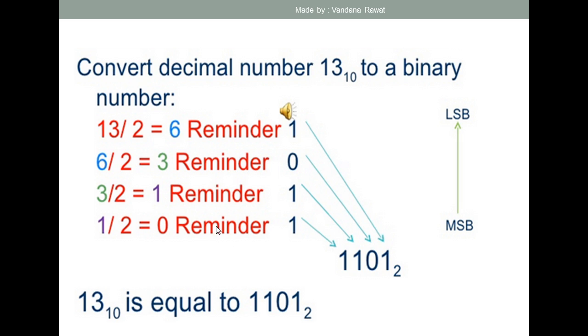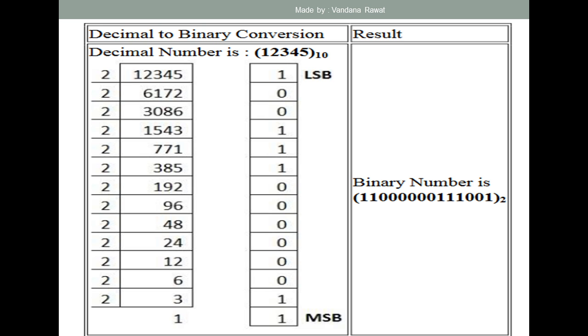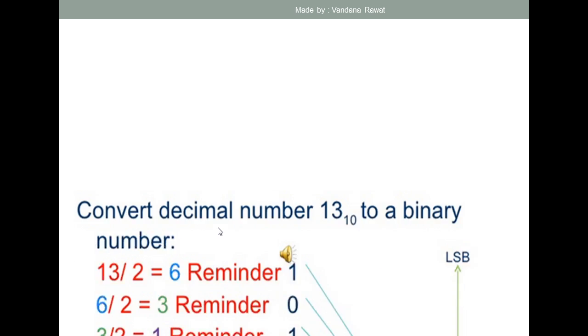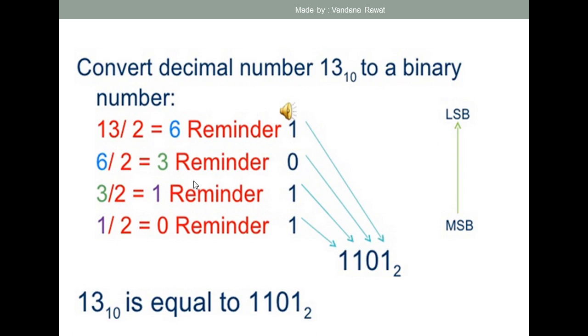Or you can understand it like this, because 1 cannot be divided by 2, that is why you can directly write 1 here, as we have done in the previous example. 1 cannot be divided by 2, so that is why you have written this one in the MSB. Just like that you can do in this case also, 1 cannot be divided, so you can directly write this one into the MSB.